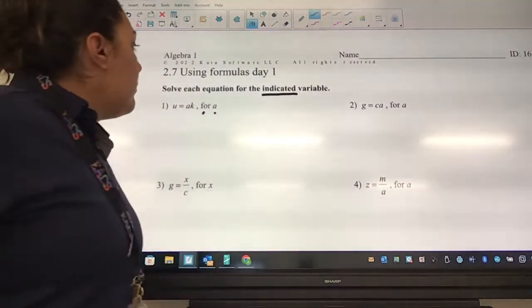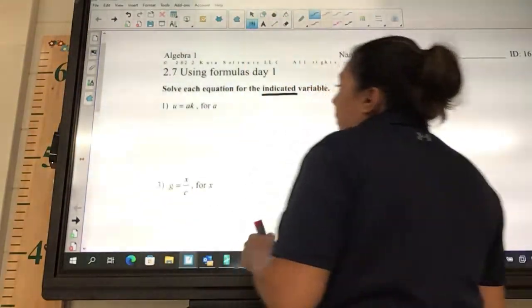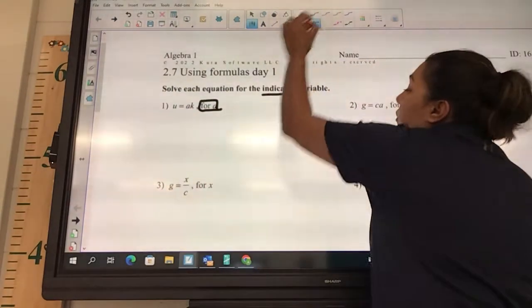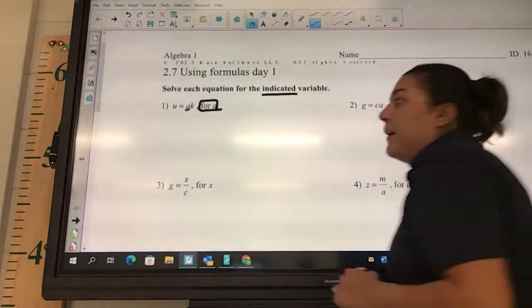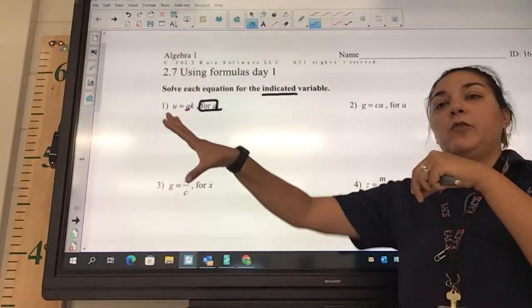Some people really struggle because they're just letters. So we're solving for A, that's what they're telling you. Here's the A, so whatever is on A's side of the equal sign needs moved away.